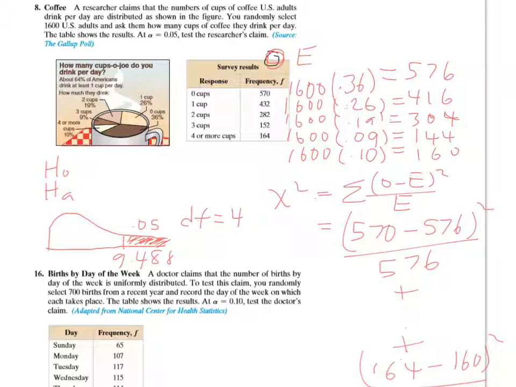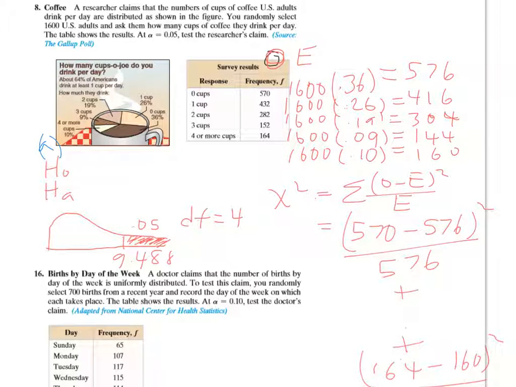Okay, so I'm done with the calculation, and my calculator is reading out 2.81 for the chi-square statistic, 2.81, and it's reading p-value equals 0.5893. So it's decision time, right?